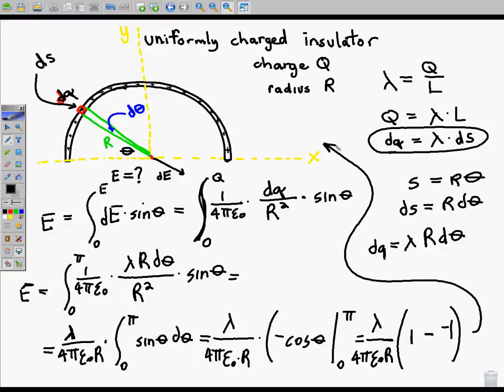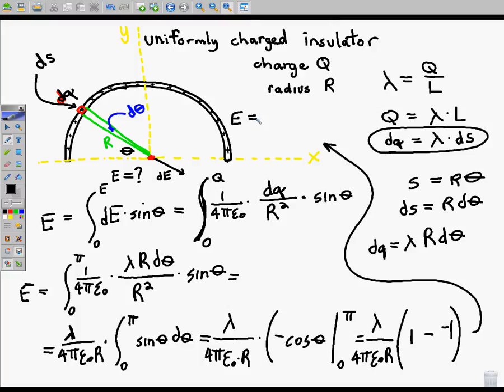Okay. So the electric field strength at this particular point right there is equal to lambda over 2 pi epsilon 0 times r. Oh, what else do we have to do though?